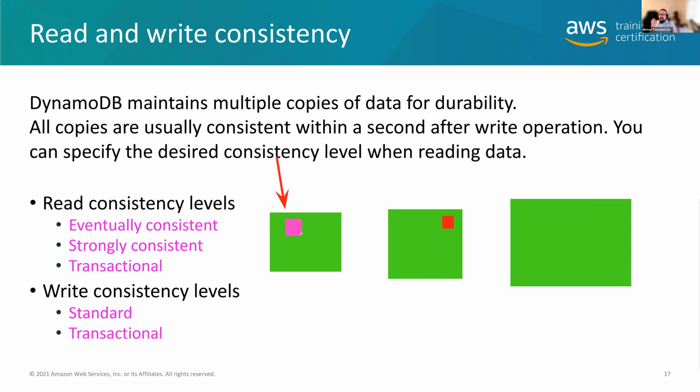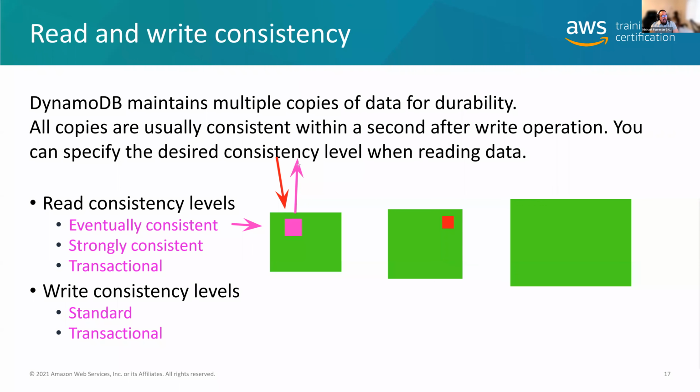Now, if you take what's called an eventually consistent read, which I believe is the default, what's going to happen is it's going to return to you the previous answer, because it's just going to take whatever's in this database. That's an eventually consistent read, meaning I just want you to return the value you've got. I don't really care.